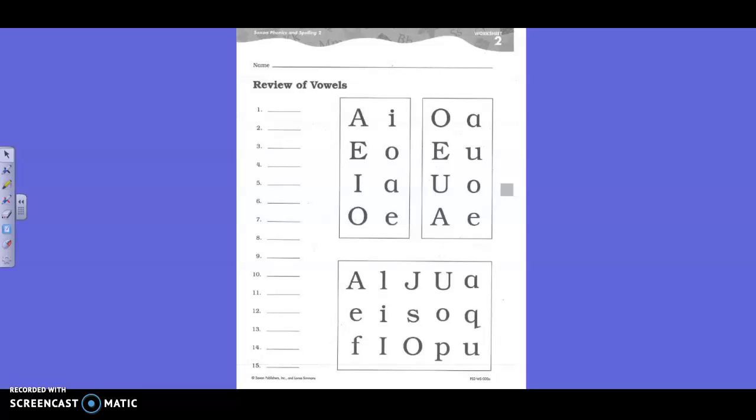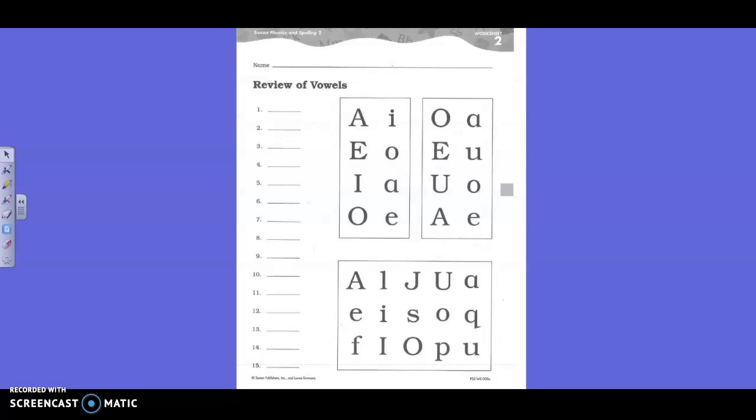Let's see if I can trick you on this one. How many sounds are in our alphabet? We said there's 26 letters, but how many sounds do some of those make?